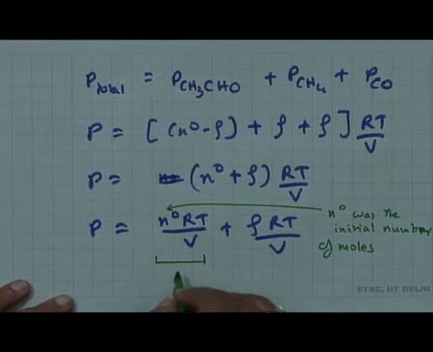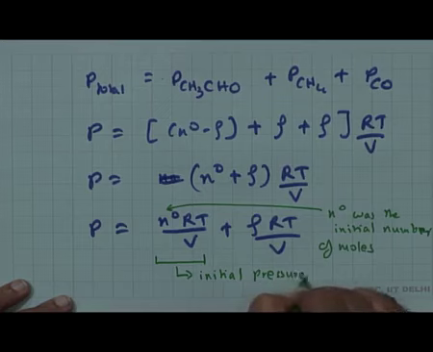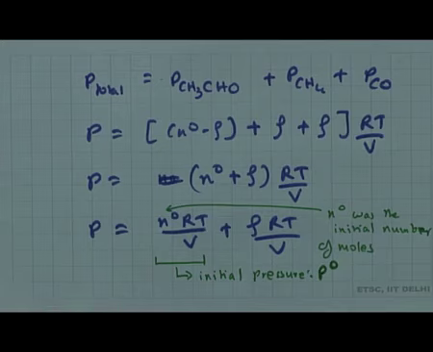If that is so, then I can say that this one is the initial pressure, which we can say is P naught. So, the initial pressure is P naught. So, P naught is equal to N naught RT over V plus this xi RT over V.